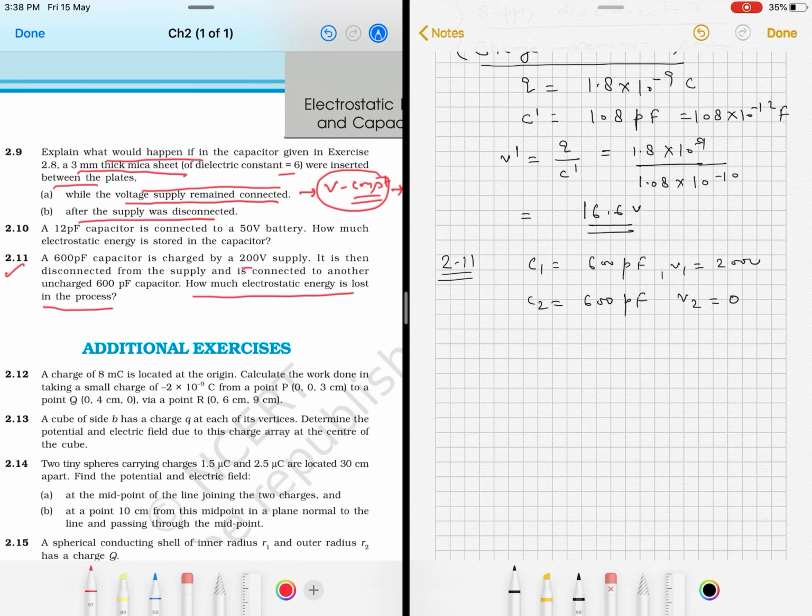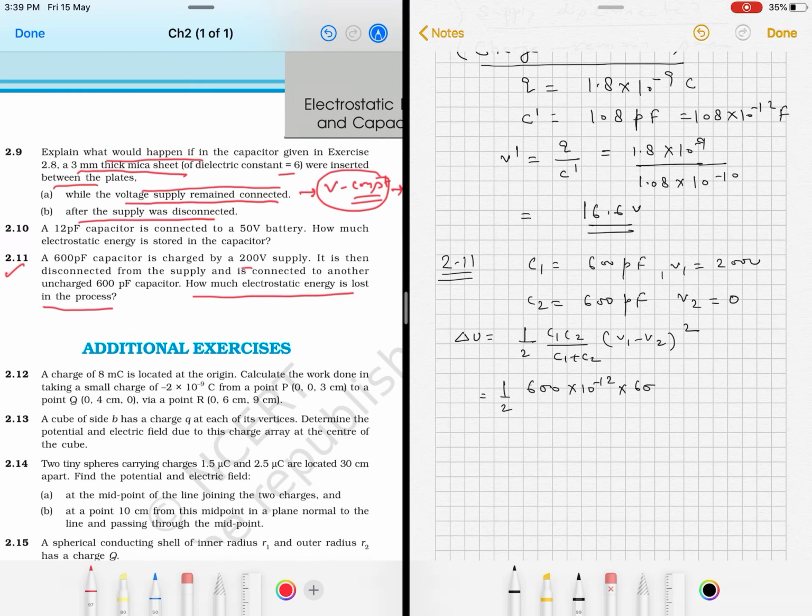So we will use the formula for loss of energy, delta U. The formula is half C1 C2 upon C1 plus C2 into V1 minus V2 whole square. So half, C1 is 600 picofarad.